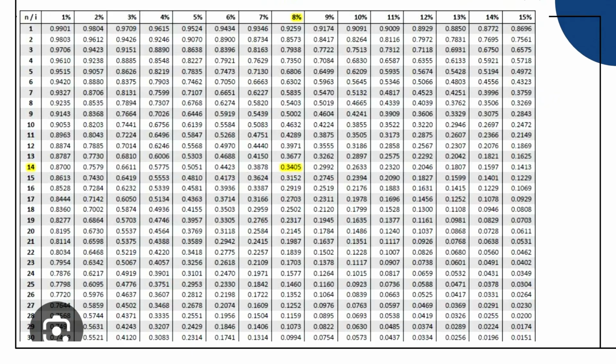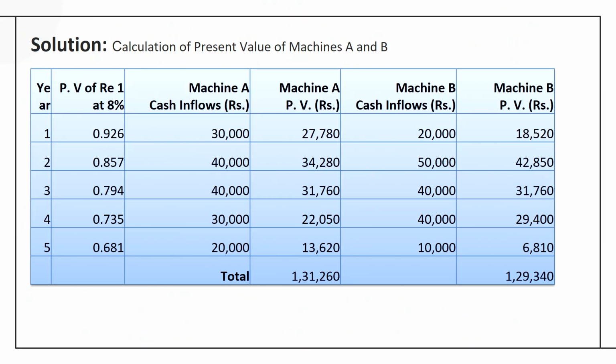So, again we will be using this particular part of the PV table, where the cost of capital is 8% and the project is giving the return over a period of 5 years. Let us calculate the present value of future cash inflows and find out the NPV.